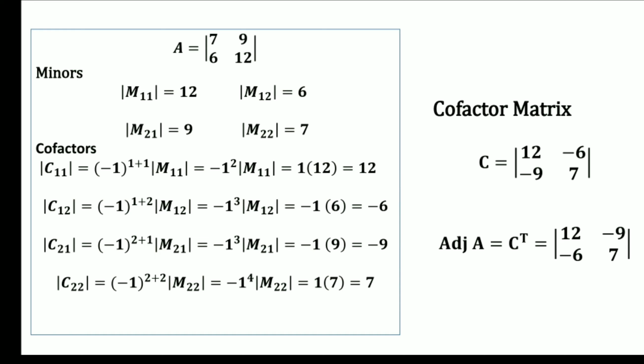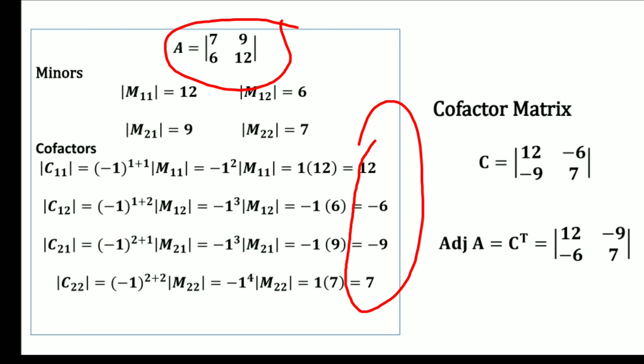After finding minors and cofactors, we want to find the cofactor matrix. The cofactor matrix can be framed by replacing each and every element of matrix A with its cofactors. Then it is known as the cofactor matrix.